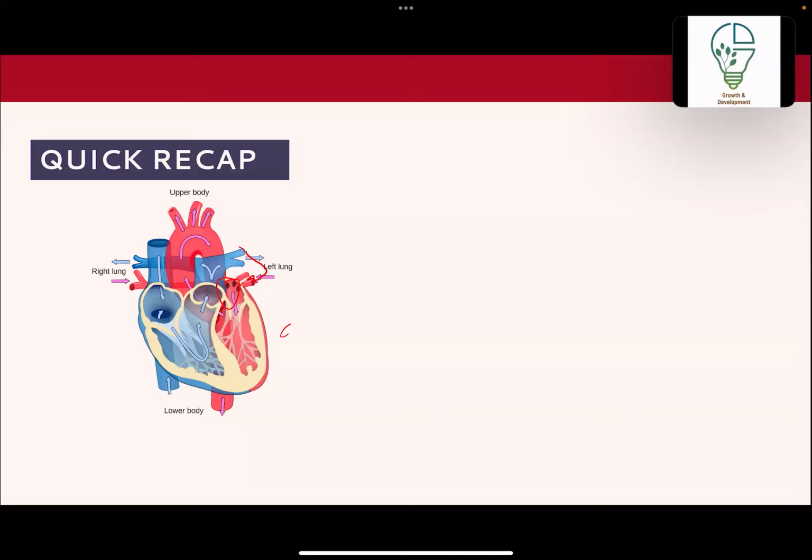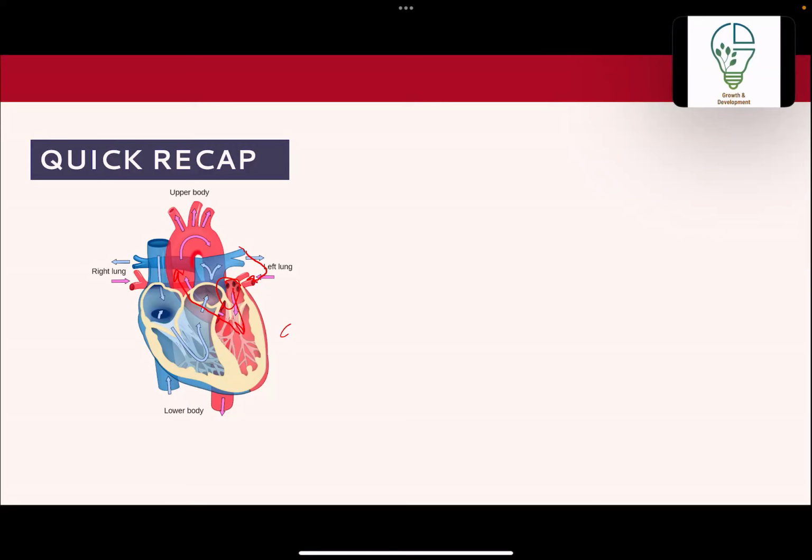So the left atrium then contracts, pushing blood into the left ventricle. And as soon as the left ventricle is filled up, it contracts, pushing the blood into the aorta, which then takes the blood to the rest of the body, where it distributes this oxygen to the tissues. And then when the tissues take the oxygen that they need, the blood comes back as deoxygenated, which basically means that it no longer has the same amount of oxygen that it used to have.